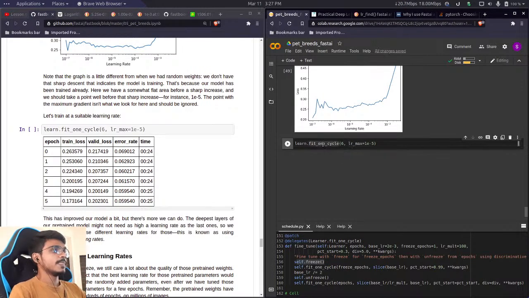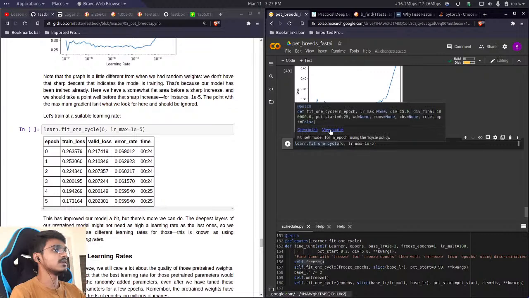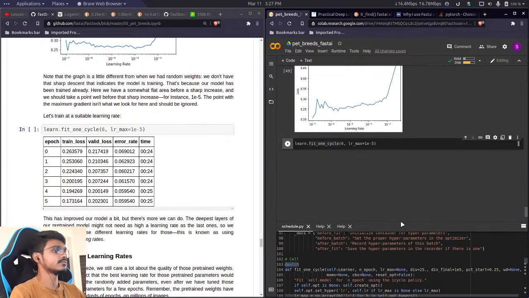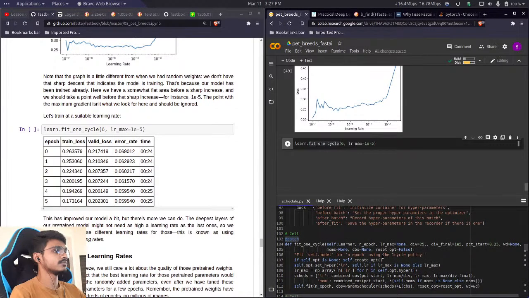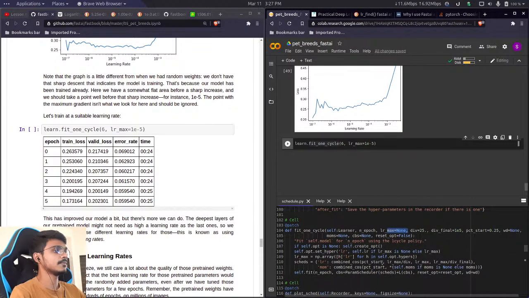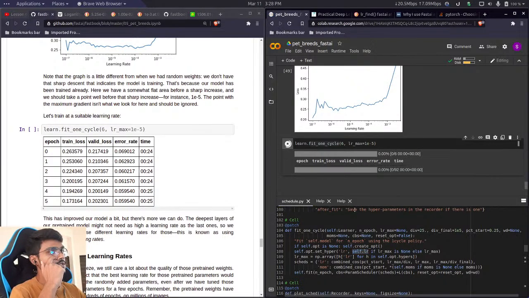Alright. While we are there, let's also check the source code of fit one cycle. So it has an LR-max variable. Okay, let's train it for 6 epochs.